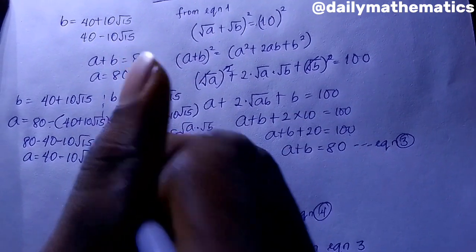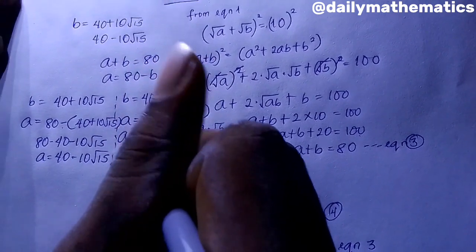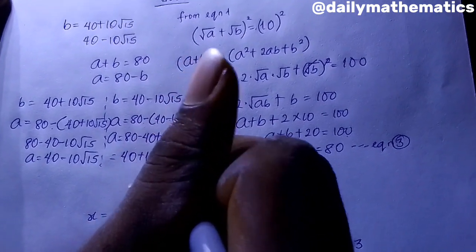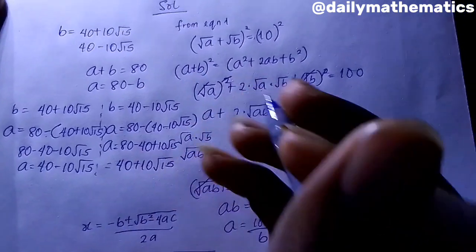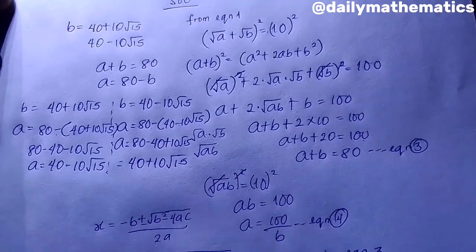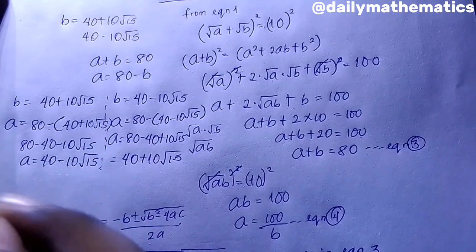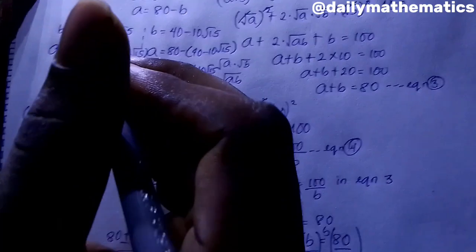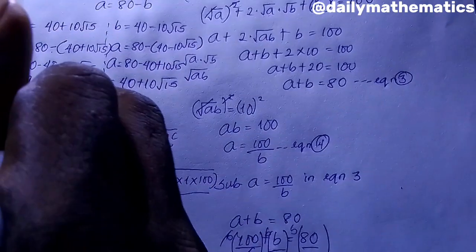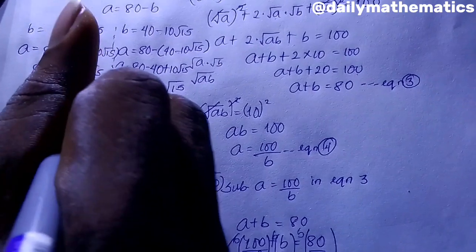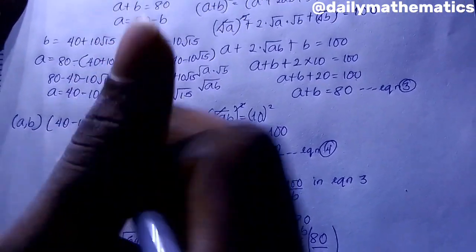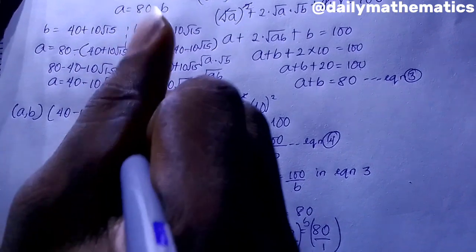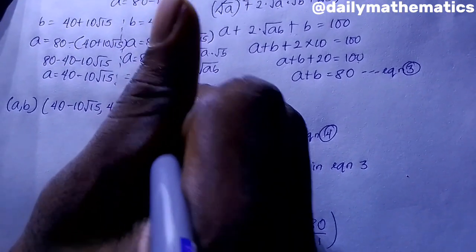So a equals 80 minus 40, that's 40 plus 10 root 15. So from here we have the values of a and b. For the first case, a and b are 40 minus 10 root 15 and 40 plus 10 root 15.